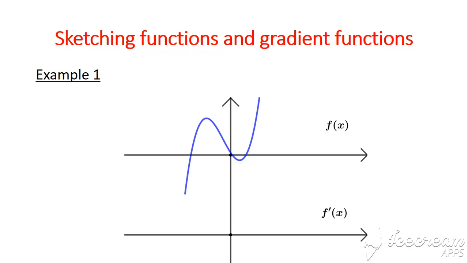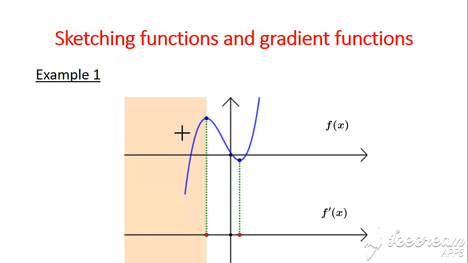Right, let's go back to a level 2 example just to get you warmed up. So here's a cubic function. And we know at these points we have minimum and maximum turning points, which are zero gradients. So we're going to drop those down to the line below, which represents on the x-axis a zero gradient. In this region, we know it's a positive gradient.